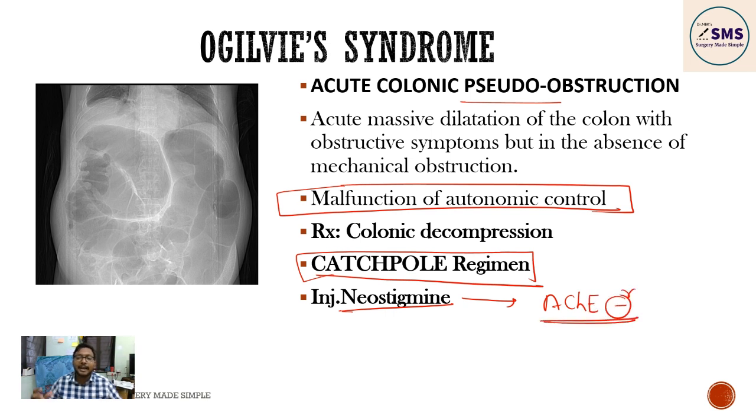By inhibiting the acetylcholinesterase, this drug provides more acetylcholine at the synapse. You know that acetylcholine is very short acting. So by inhibiting the acetylcholinesterase enzyme, acetylcholine levels are increased at the synapse so that it will normalize the peristaltic activity of the colon. So the decompression will be happening, right? This is about Ogilvie's syndrome. Thank you.